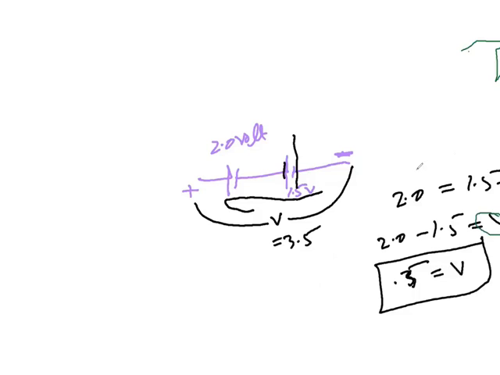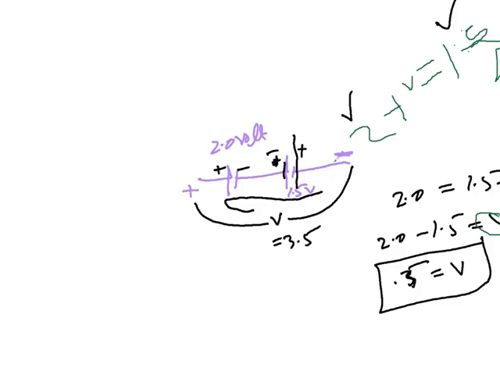Why can't it be 2 plus V equals 1.5? No, here there is a potential drop. This is plus, this is minus. On the left side, I am taking potential drop, and on the right side, I am taking potential rise, so that is 1.5 volt.